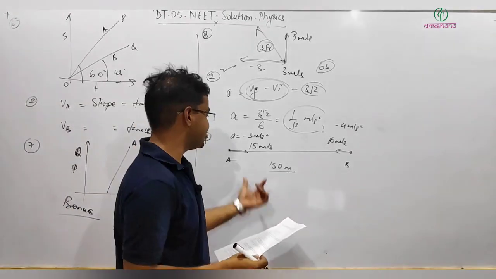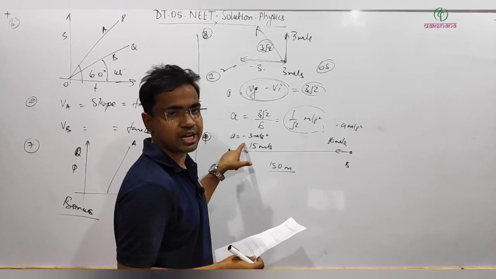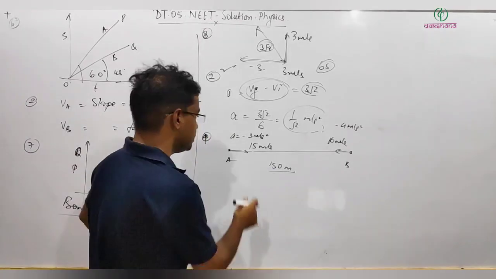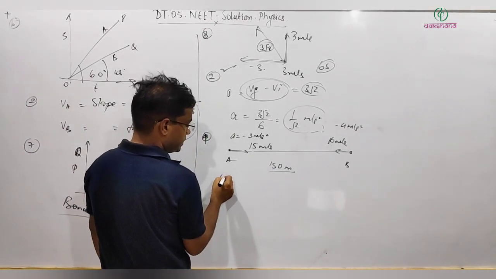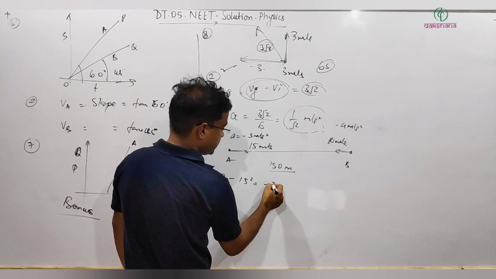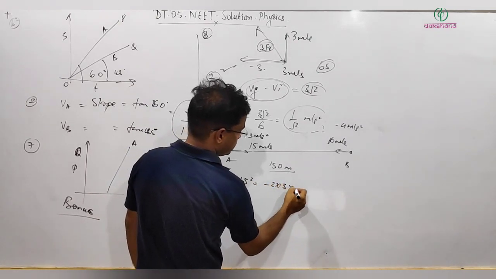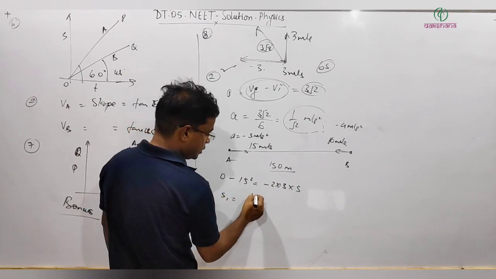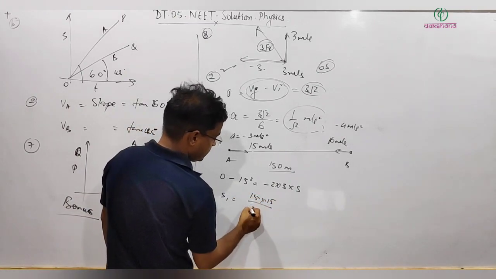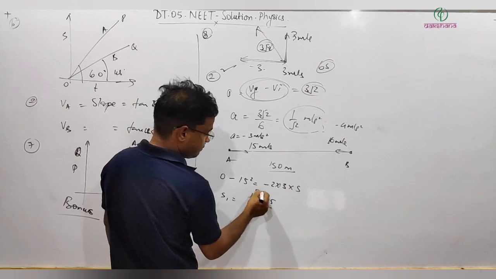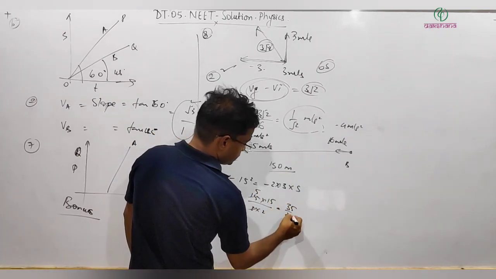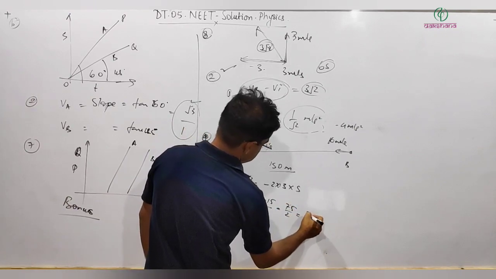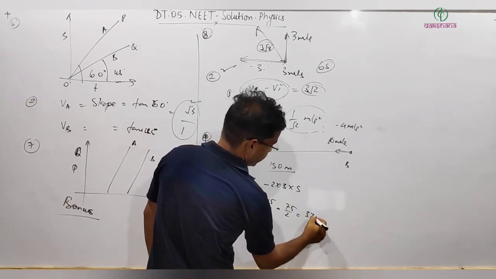One way we can go is to check how much distance each car travels before the final velocity becomes 0. So we can write final velocity 0 minus 15 square is equal to minus 2 into acceleration 3 into displacement. So S1 is equal to 15 into 15 divided by 3 into 2, which is 225 by 6, that is 37.5 meter.